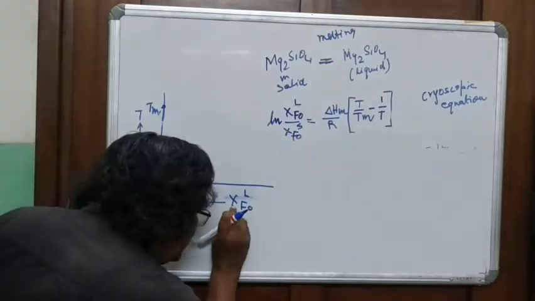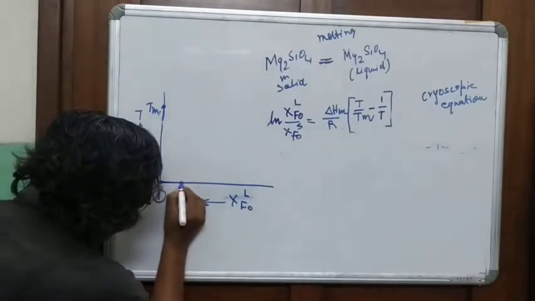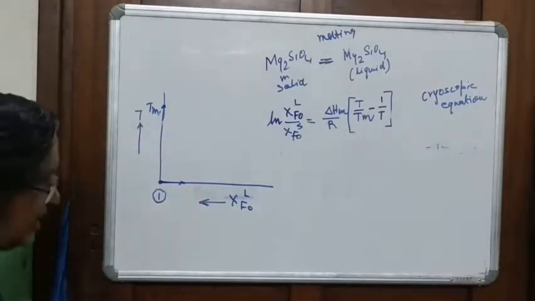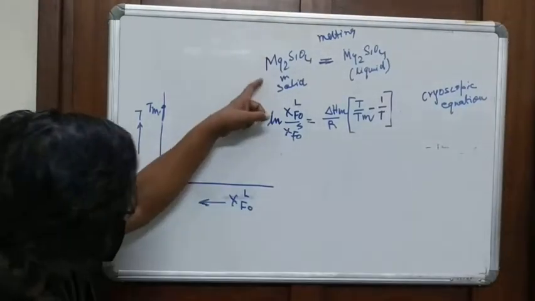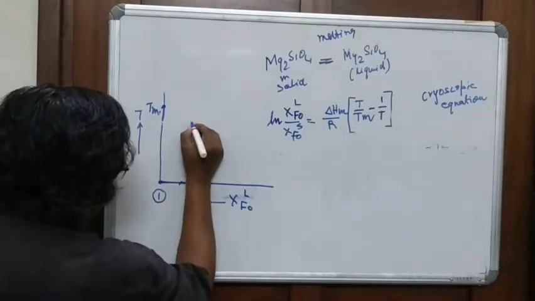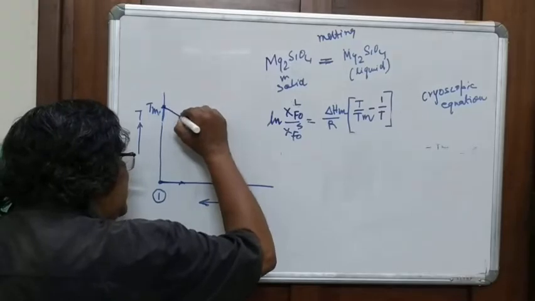But if you reduce the X phosphorite value from here to here, then the temperature of equilibrium between pure phosphorite and an impure phosphorite liquid should be less than Tm. So this is how the curve will go.